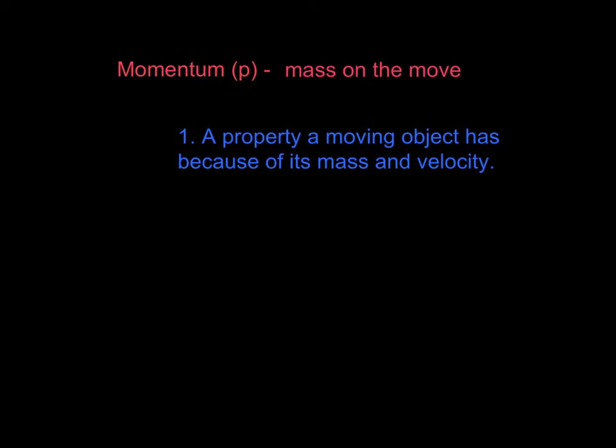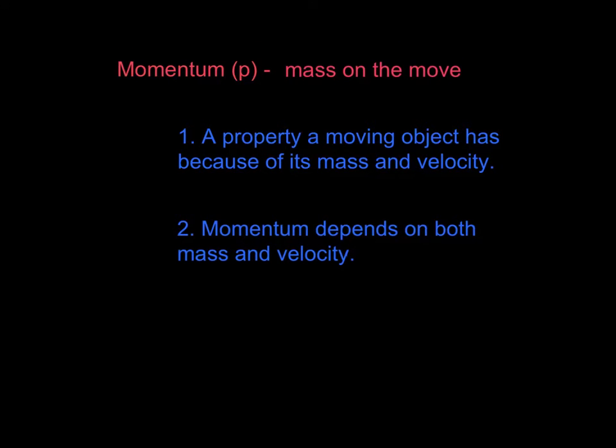So here is our definition of momentum. Momentum is a property a moving object has because of its mass and velocity. It's a property or a characteristic of that object that depends on both mass and velocity.